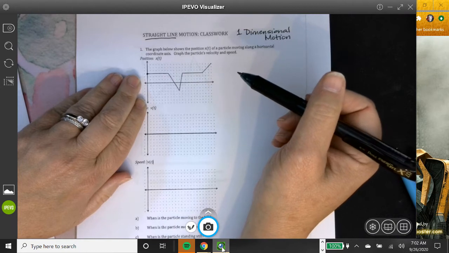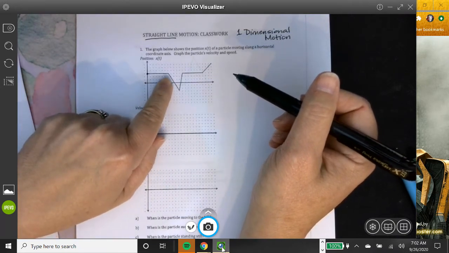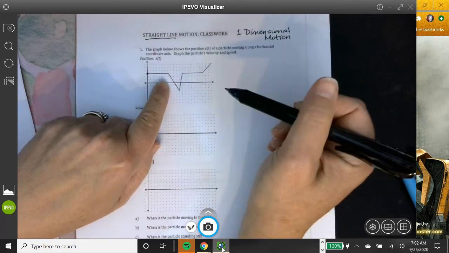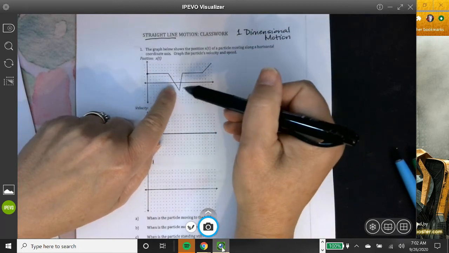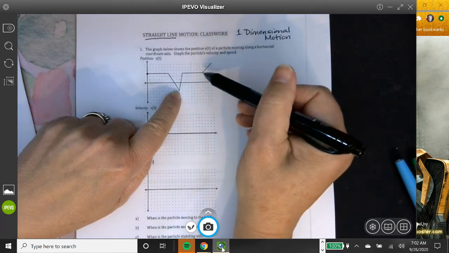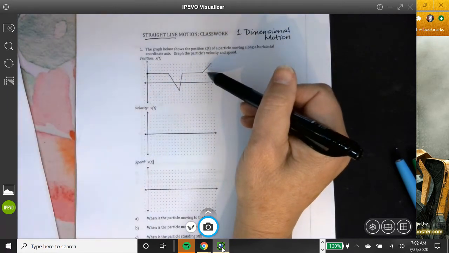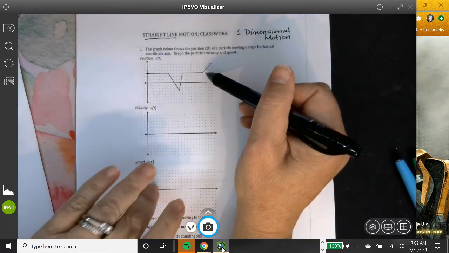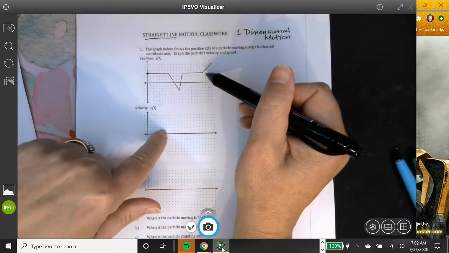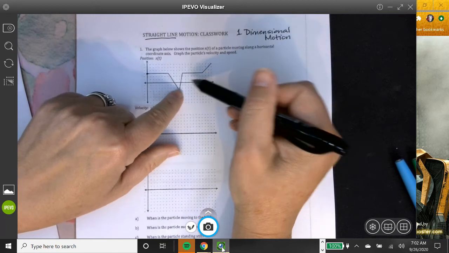And the reason it's not differentiable is that I have some corners going on here, right? You see this corner here? I have an abrupt change in slope there, and an abrupt change in slope here, and here, and here. So there are 1, 2, 3, 4 corners on this position graph, which means I'm not differentiable in the velocity graph, and I have to use an open circle at these locations, okay?